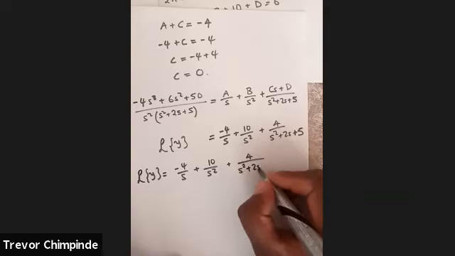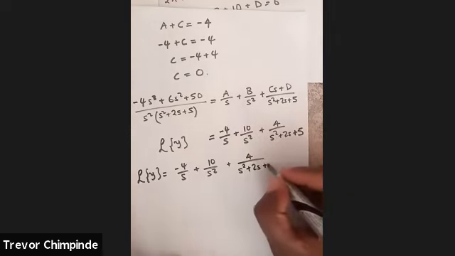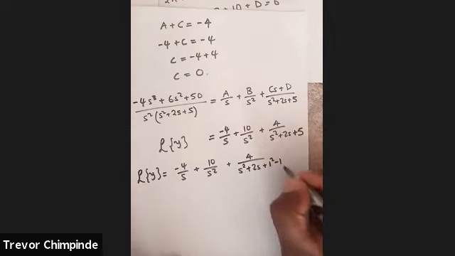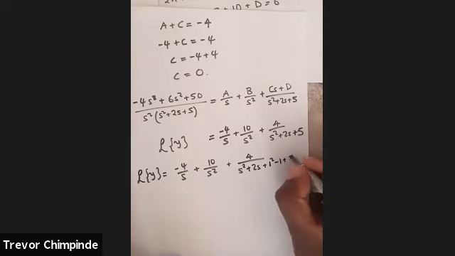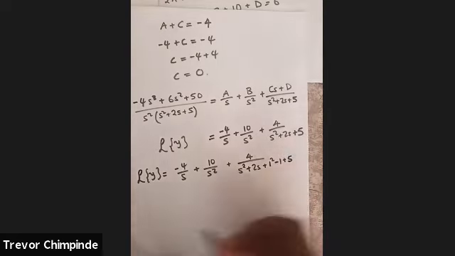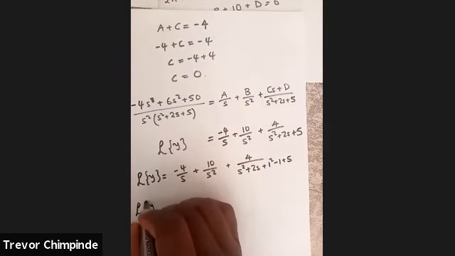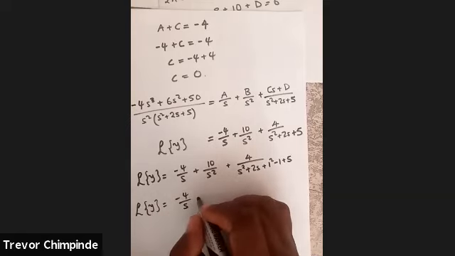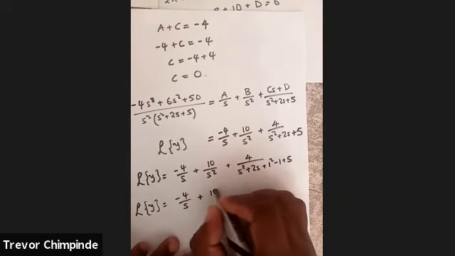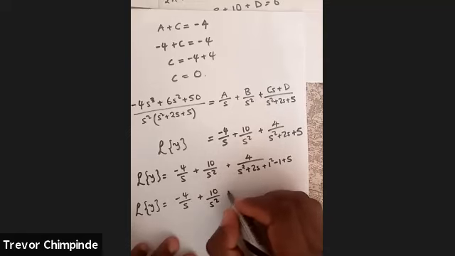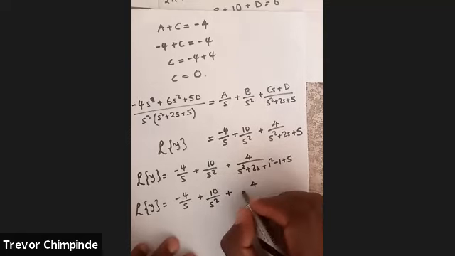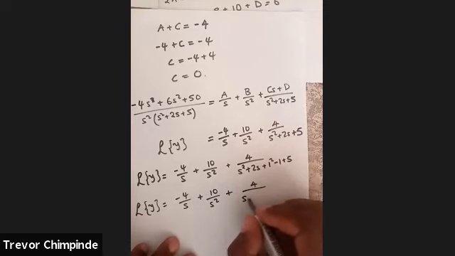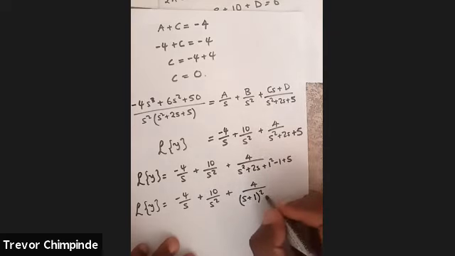So completing the square here, we get s squared plus 2s plus 1 squared minus 1 plus 5. Therefore, the Laplace of y is negative 4 over s, then plus 10 over s squared plus 4 over s plus 1 squared plus 4.